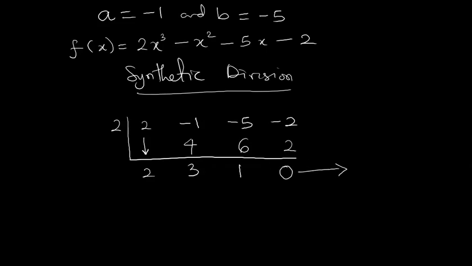Of course, this is the remainder because x minus 2 is a factor of the polynomial. So now we have to write the quotient. Of course, this is x raised to the power 3, so this should be x squared. It should be 2x squared plus 3x plus 1, which is the quotient.